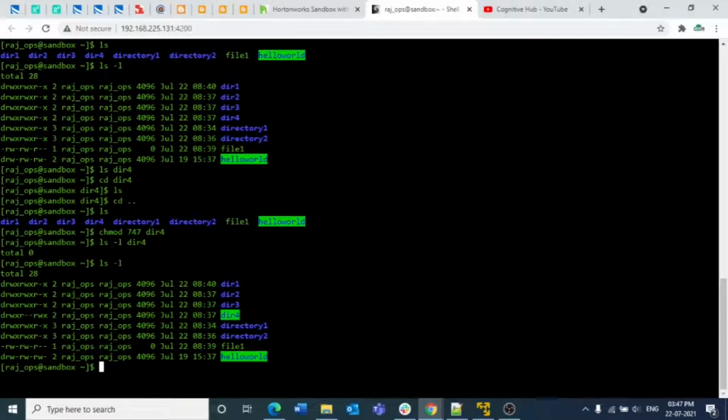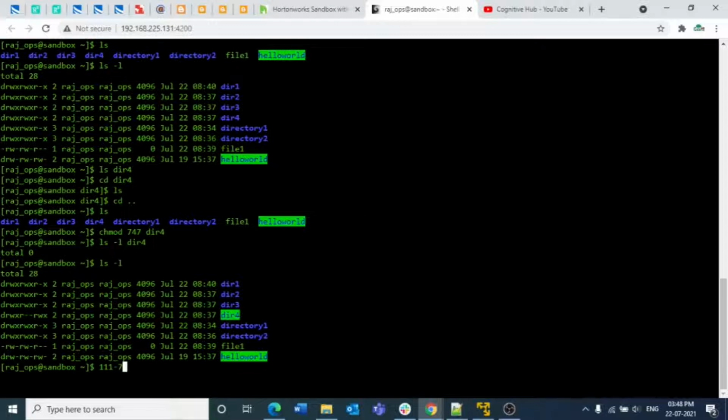So here why I mention the numbers 747, what exactly does that mean? Basically the first 7 is related to the user, the next number is related to group, and the last number is related to owner. So what 7 means is, in binary representation, 111, which is equal to 7.